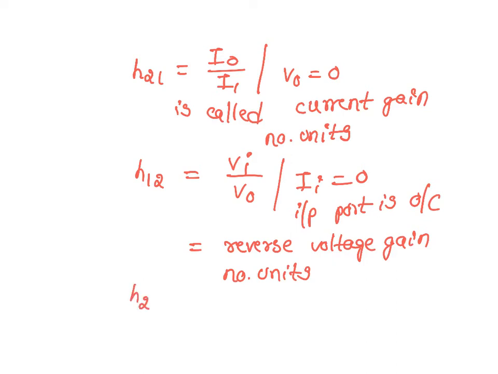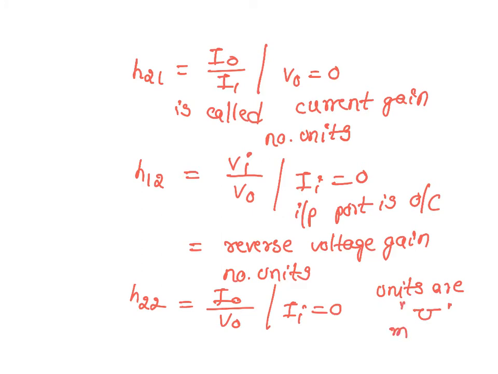Next one, H22, which is nothing but I0 by V0. This is possible when Ii equals 0, so units are mhos. So this one is called output admittance.